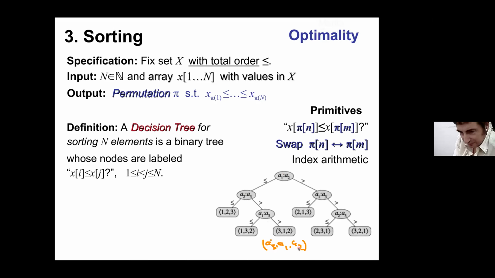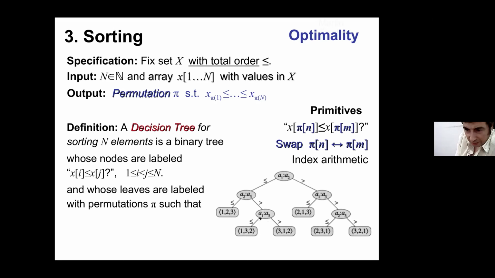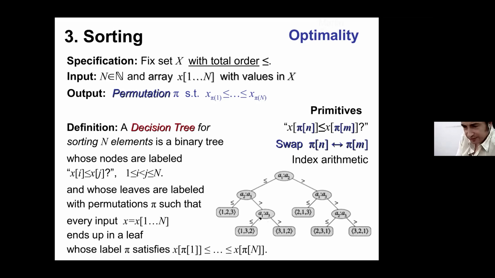So I have a finite number of comparisons, and at the end I have a permutation which tells me how I have to permute the array so that the elements are sorted. This is what the decision tree is supposed to do.